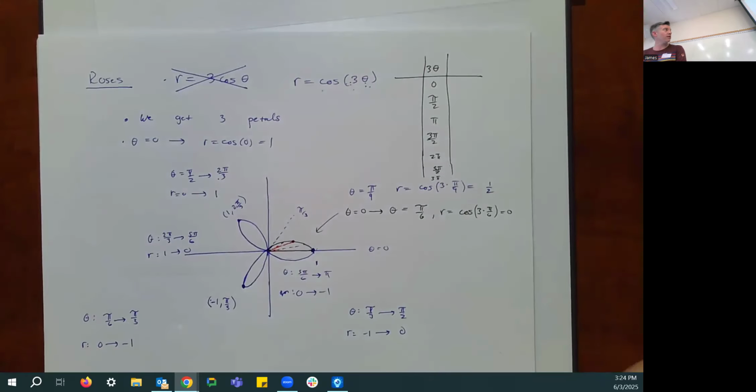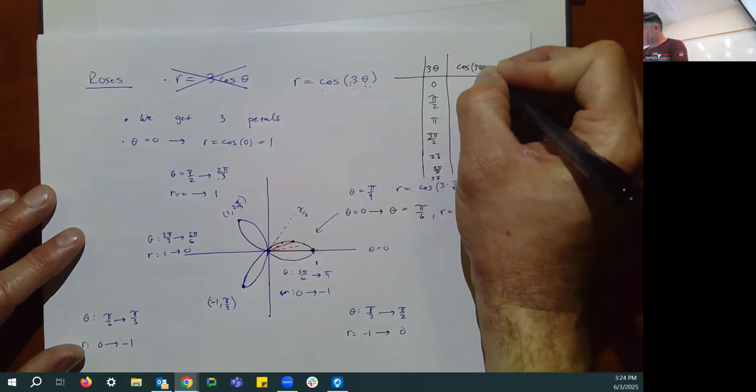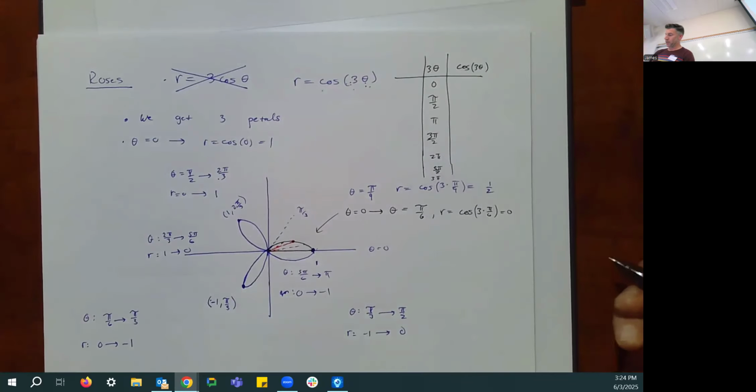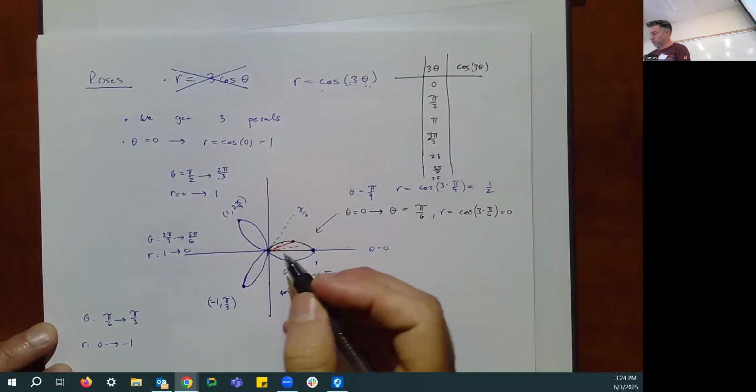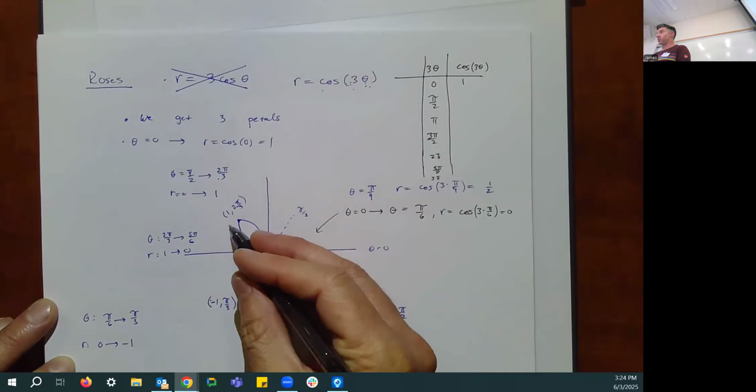Because cosine of those numbers are zeros and ones, or -1s. They either give me where I cross the origin, or when I have the extreme of one of my petals.